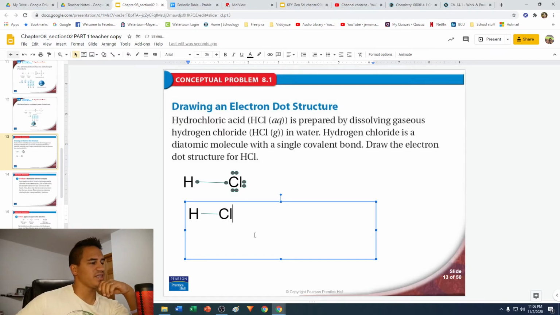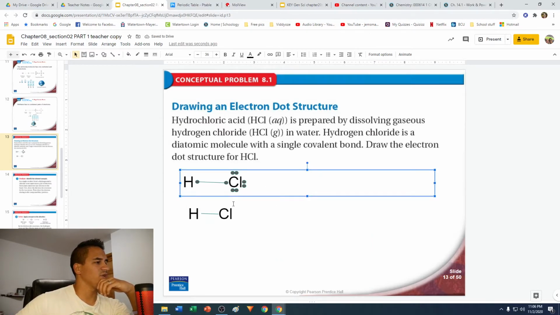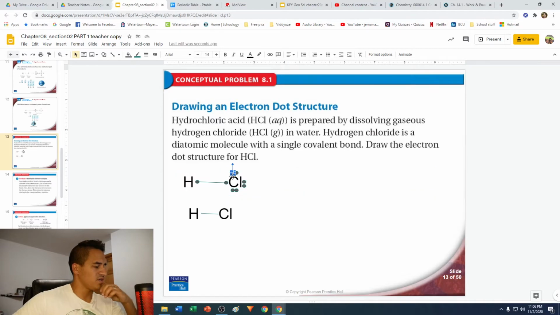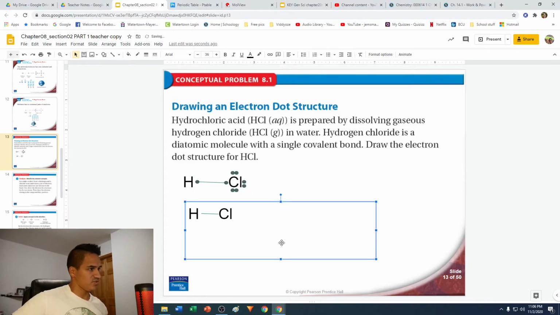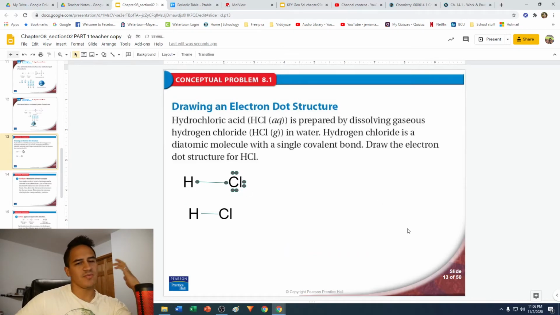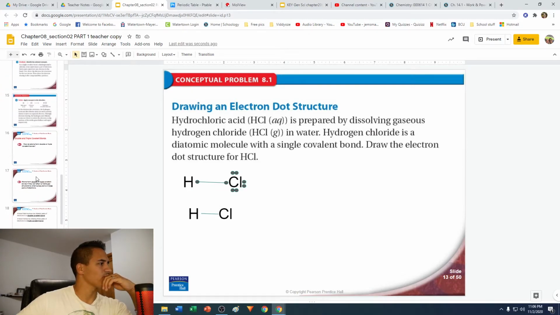So it'll be H-Cl like this, and then of course there will be all of these lone pairs on the chlorine. We're not going to draw them just for the sake of time, since I'd usually be drawing this on paper. All these lone pairs on the chlorine are still going to be there, I'm just not drawing them to save some time, so I apologize, but they should be there. And that's our electron dot structure for HCl, or our Lewis structure.